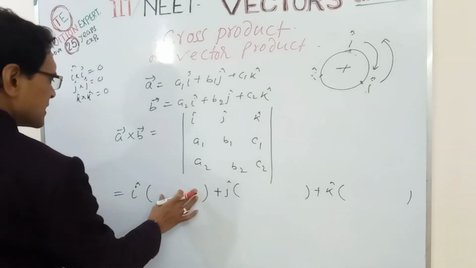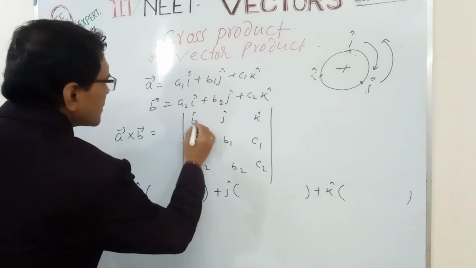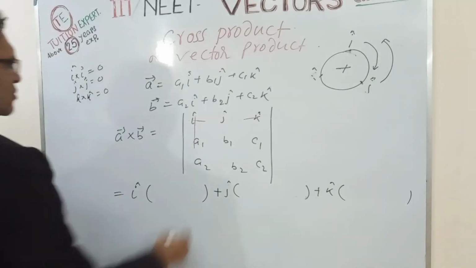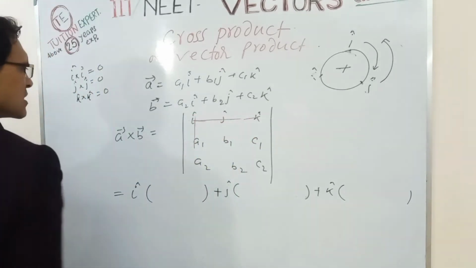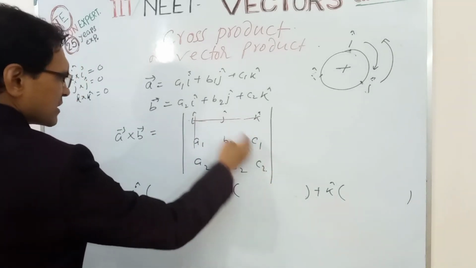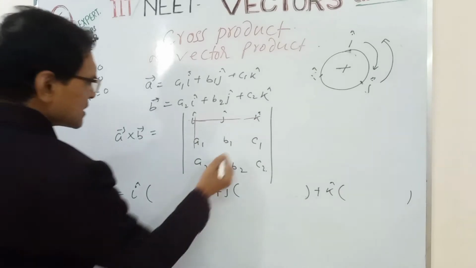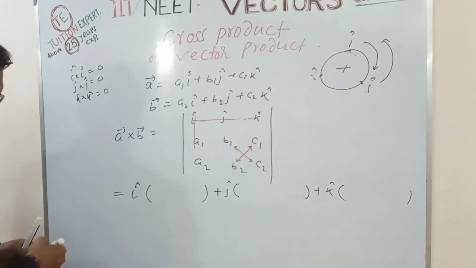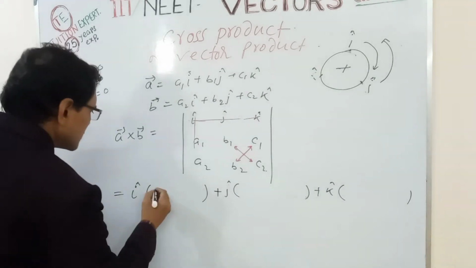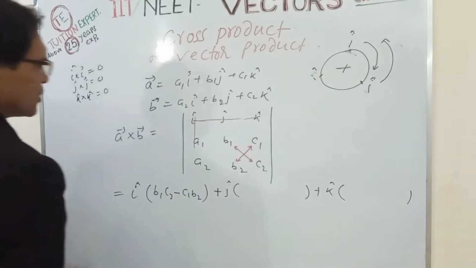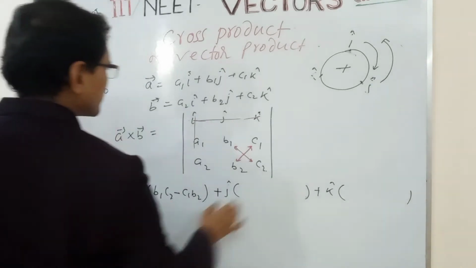When you write here, just cross this row and this vertical line, and this remains present. Now cross multiply this into this minus this into this. Just cross multiply. So this becomes b1 c2 minus c1 b2.